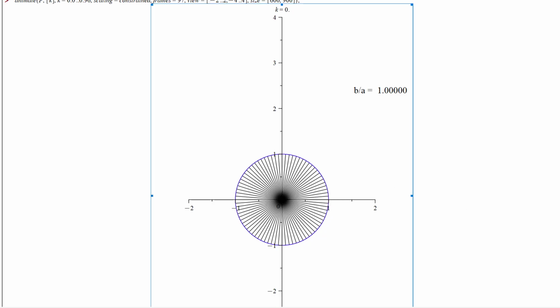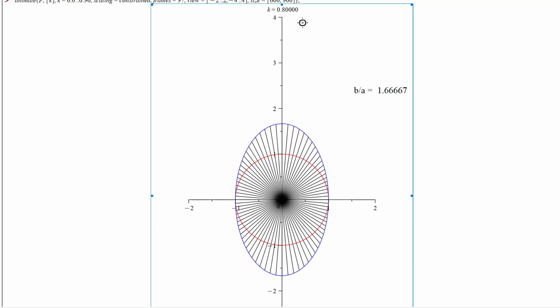But as I increase k, you don't see too much difference there, but it's stretching. So the unit circle is graphed, but then I'm graphing the ellipse. So the b value is really b over a. See, if I go to 0.8 here, right there, now it's 5/3, or about 1.67.